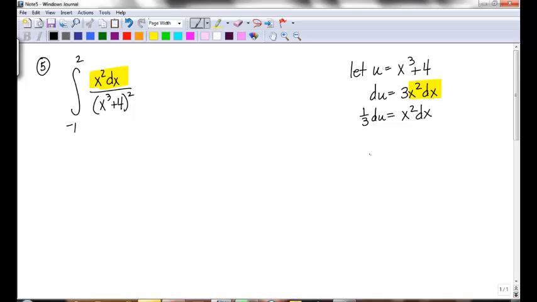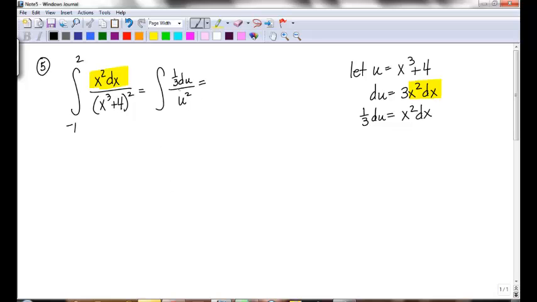And I'm actually working this the first method, but you can do it the other way too. I can do it both ways. So if I rewrite this in terms of u, this would be u squared in the bottom and the 1/3 du up in the top.